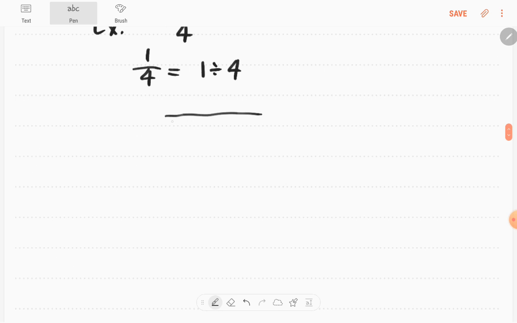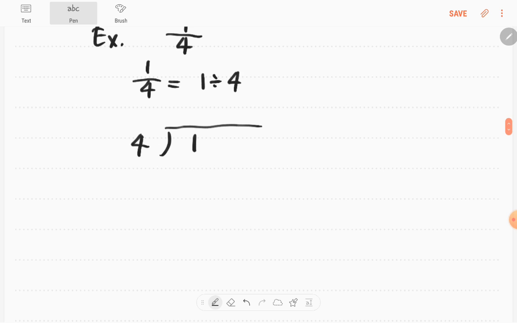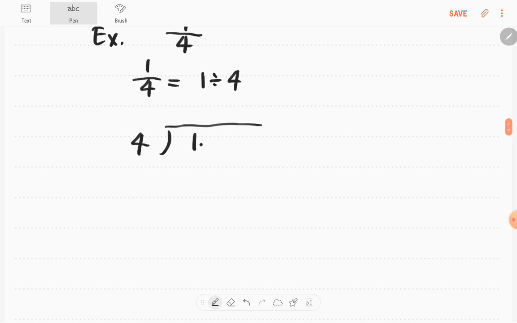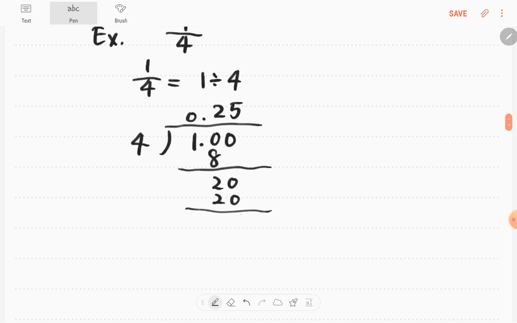So we can use long division to do this. Okay, so we add the decimal point here. So first it's 0. And so we can easily get the answer is 0.25.